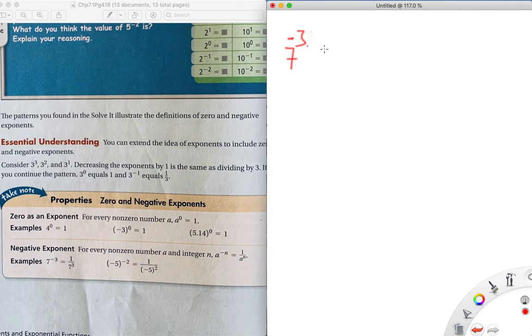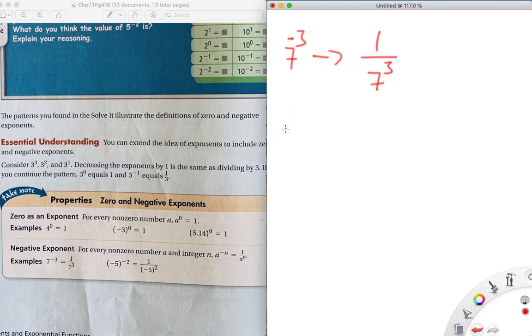This negative means that we're dealing with a reciprocal, meaning that the 7 goes in the denominator, and that number 7 is being raised to the third power. Once you do the reciprocal of your number, 7 to the third, and it goes to the bottom, the negative sign goes away.